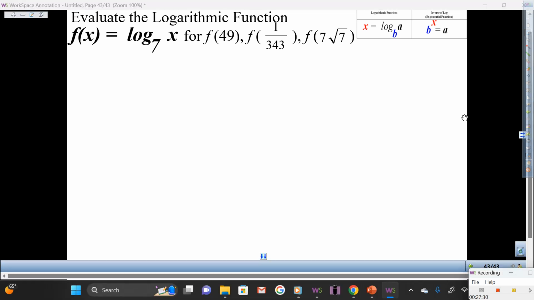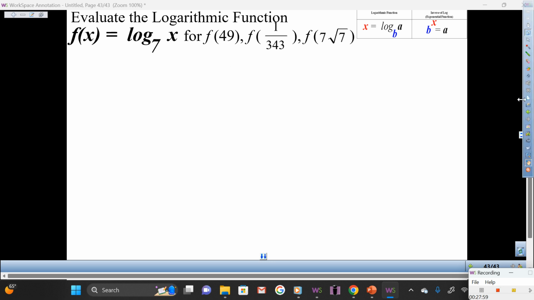All right, y'all ready? Here we go. Writing utensils down, look up to the screen. So basically what we have here is a logarithmic function, f of x equals log base 7 of x, and they want us to evaluate it using 3 numbers: 49, 1 over 343, and 7 square root of 7. I'm going to evaluate it using the first value.